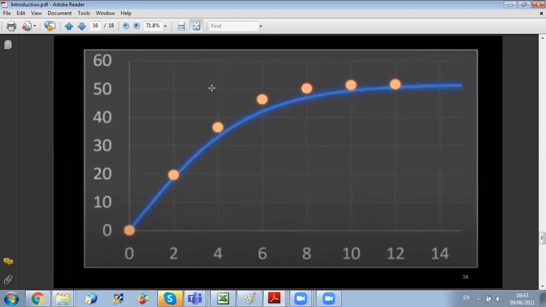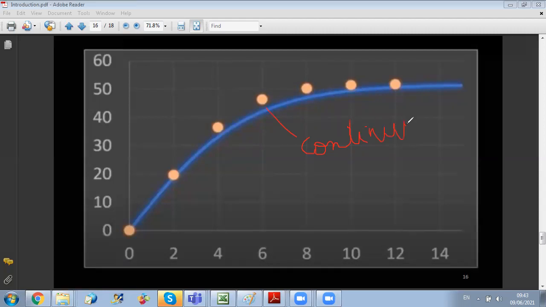So this is a continuous representation. It represents the actual function.